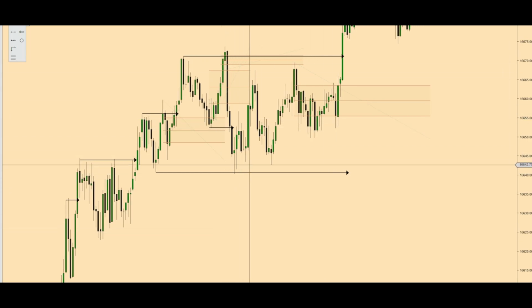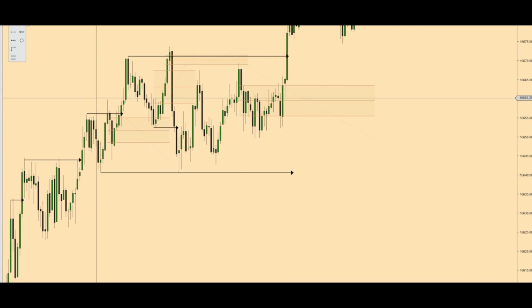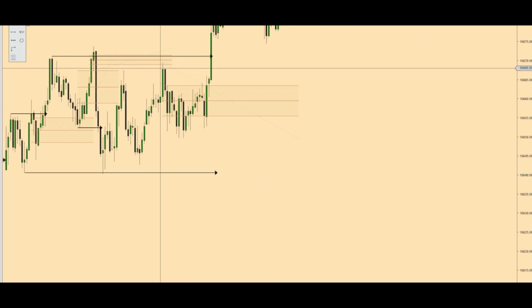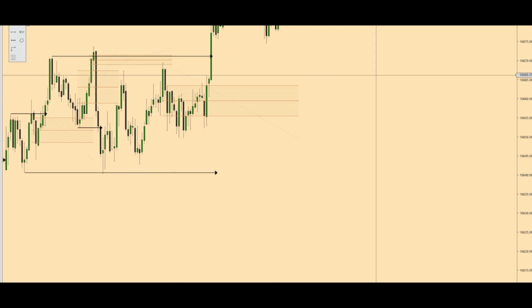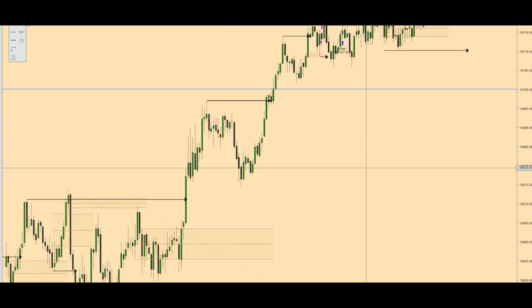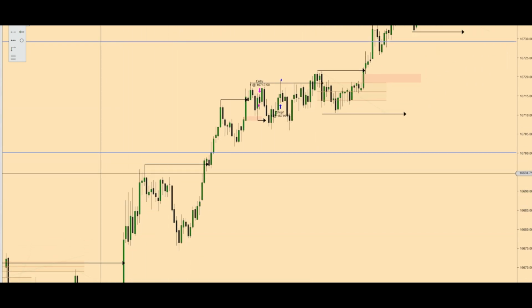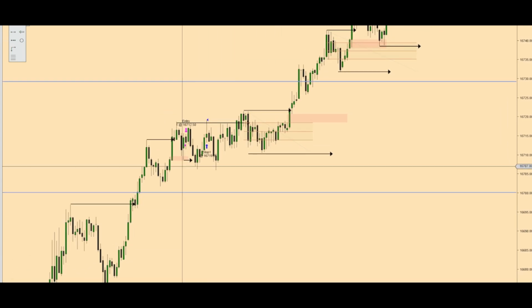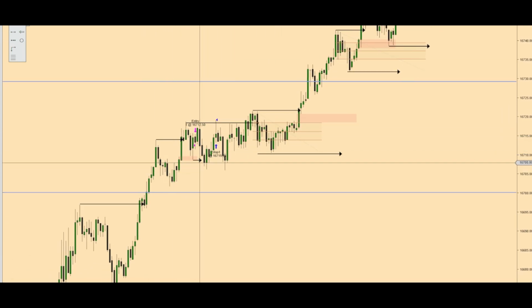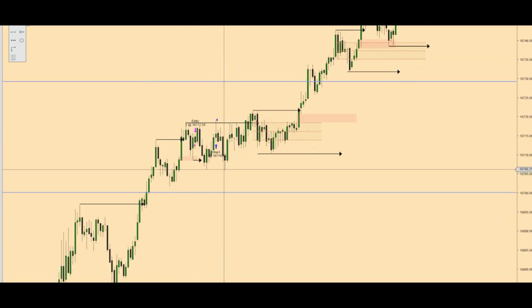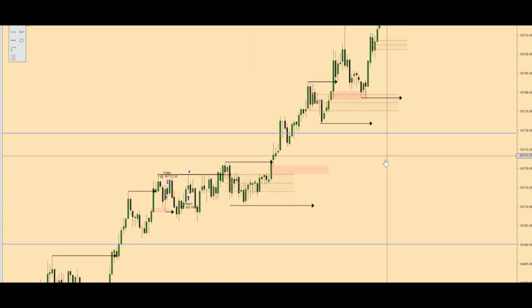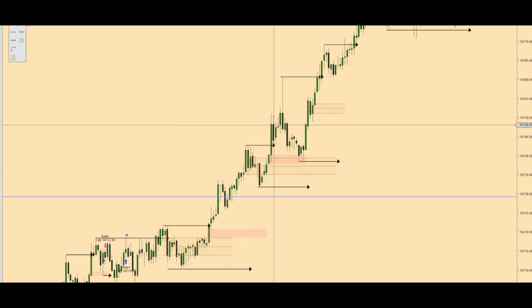So could have scalped that, got this trade. If I recognized this was a range, could have taken this trade. Even back up in here, there's another range trade. Nothing came back to this range. This range provided a trade. This range provided a pullback.